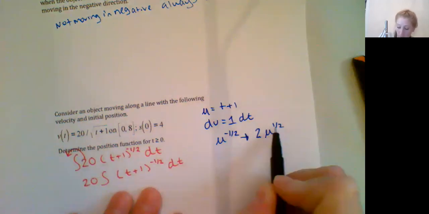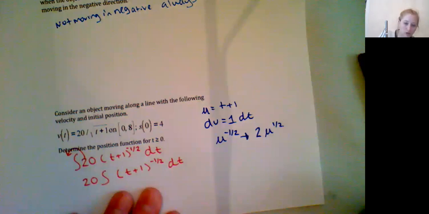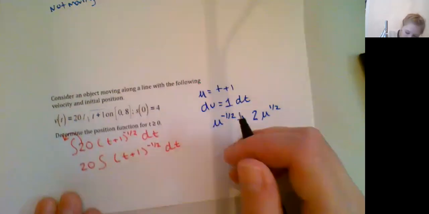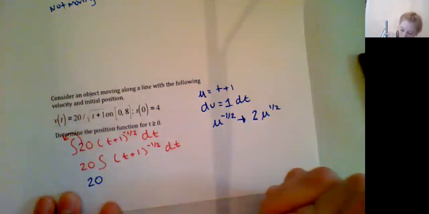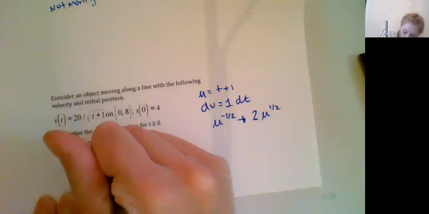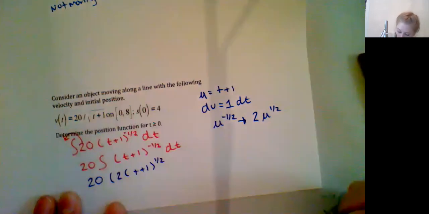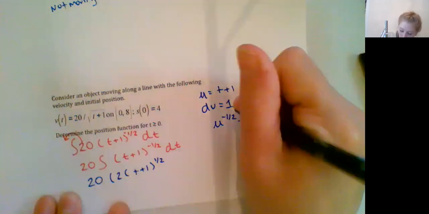And if I subtract 1 from there, I get -1/2. So that's my check to make sure I did it correctly. So what does that tell me? That tells me I have 20 on the outside from there. And then we have 2u, (t plus 1) to the positive 1/2. All right, and then we'd have to multiply that by whatever the value was here, but since it's 1, that's not going to matter.